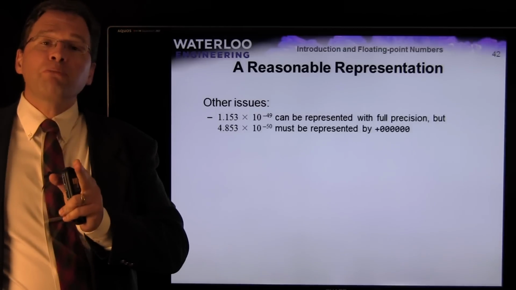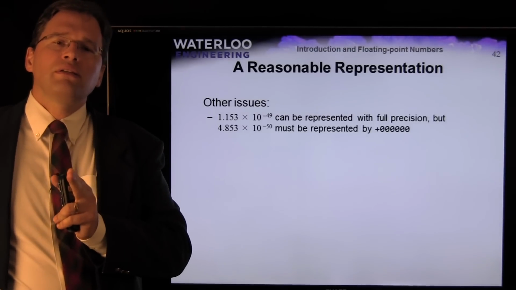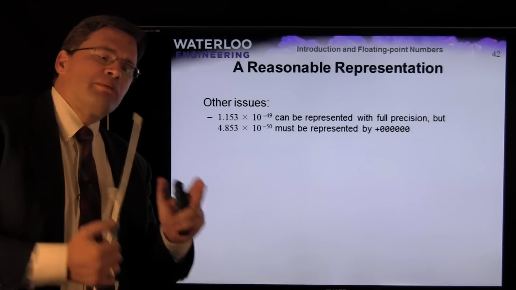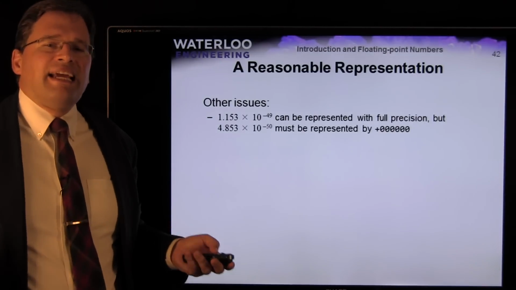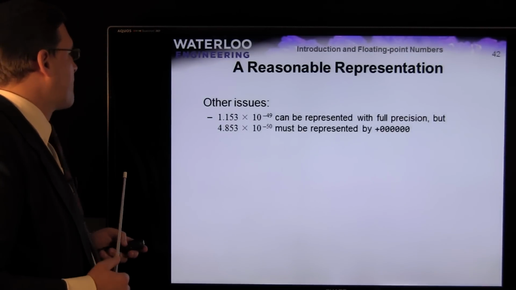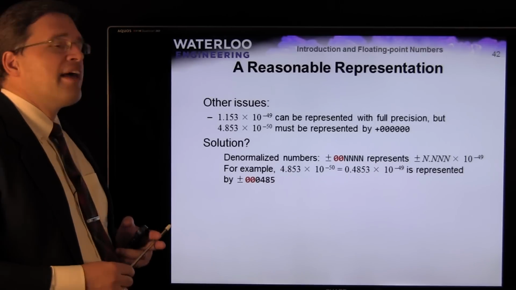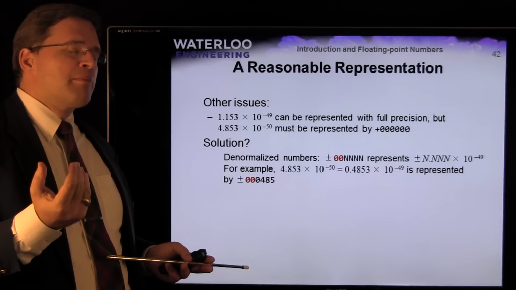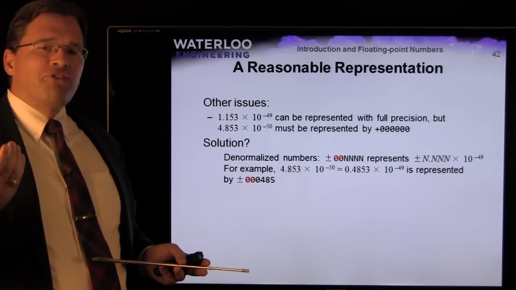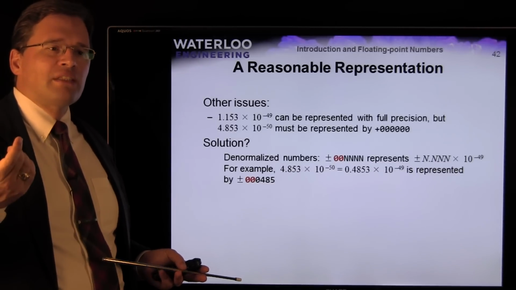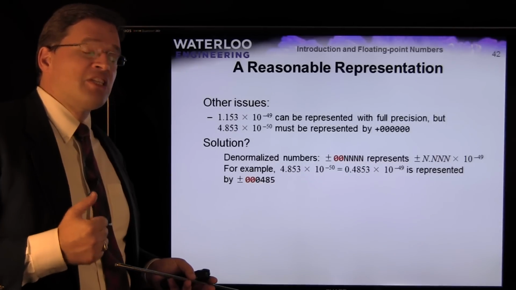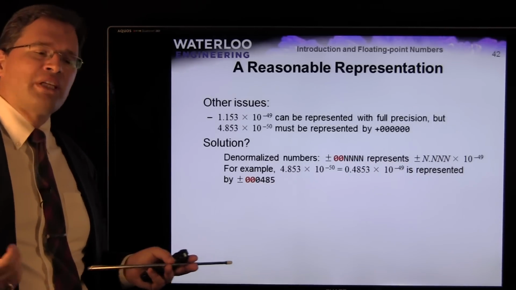So we go from full precision, and then going down by less than a factor of 10, anything smaller than that has no precision. This is somewhat awkward. We don't want to be able to just divide a number by 2 and go from full precision, 4 digits, to 0. That's 100% relative error.